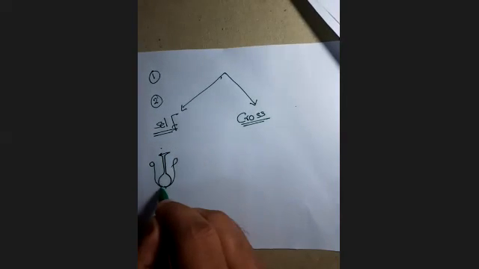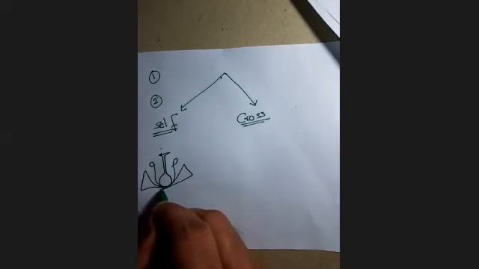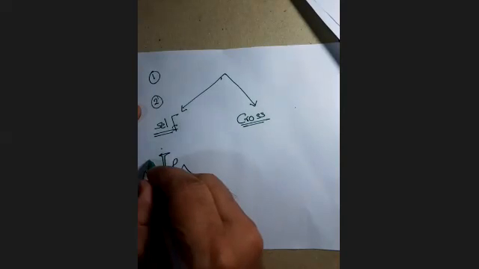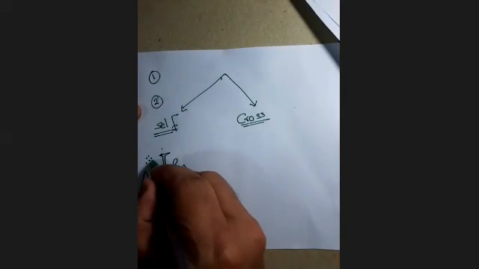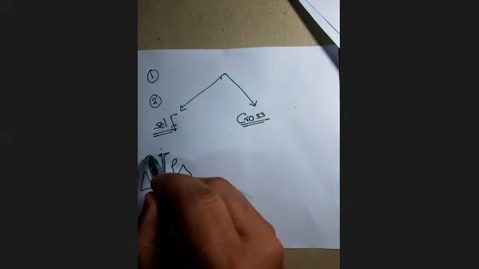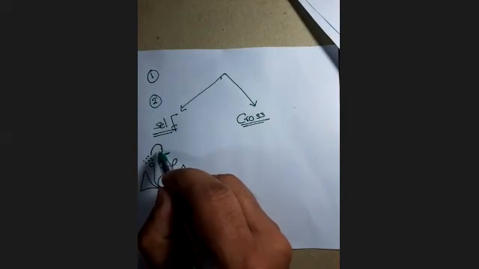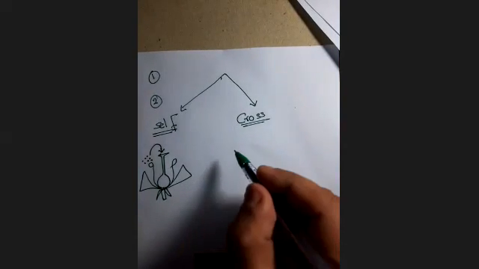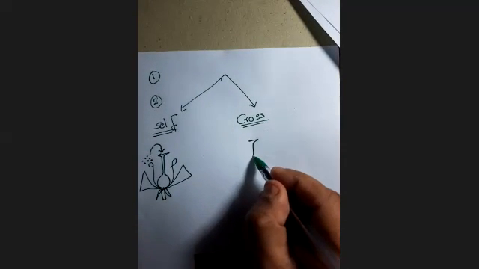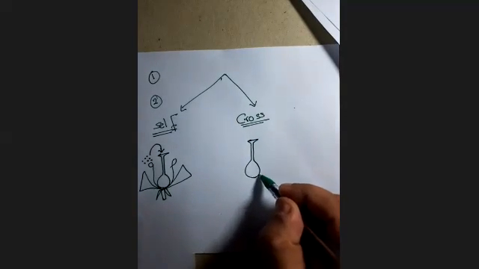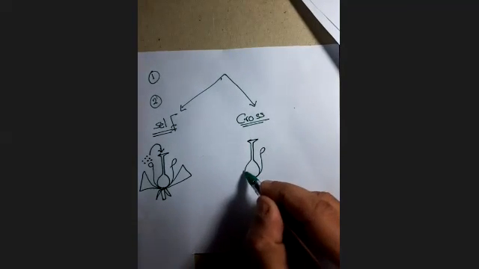When the pollen of the same flower reaches the stigma of the same flower, it's called self-pollination. So the pollen of the same flower reaching its own stigma is called, what is it? Self-pollination.